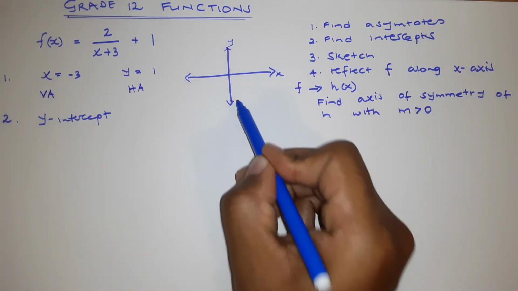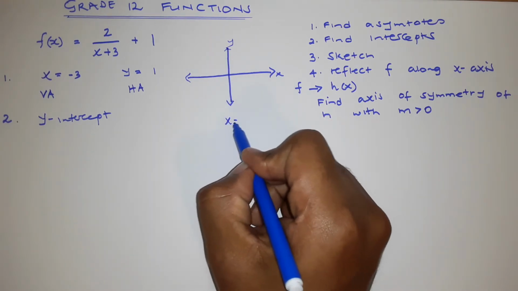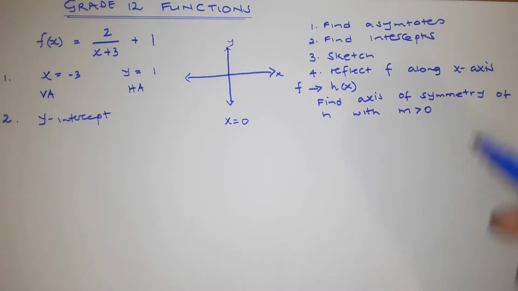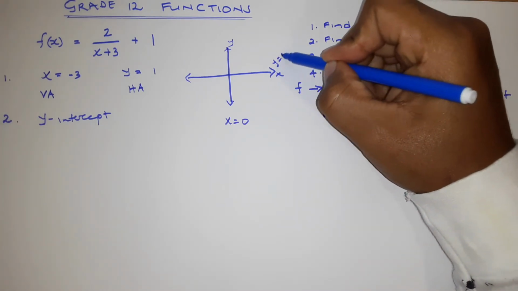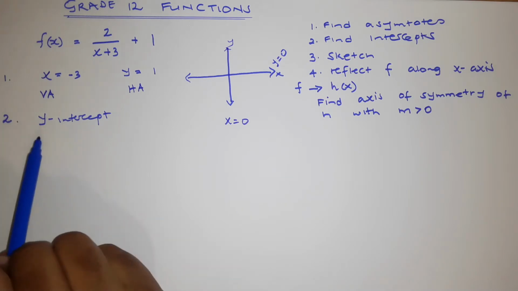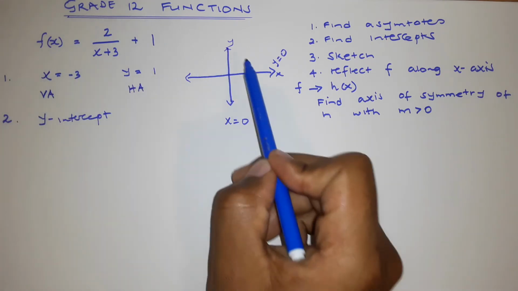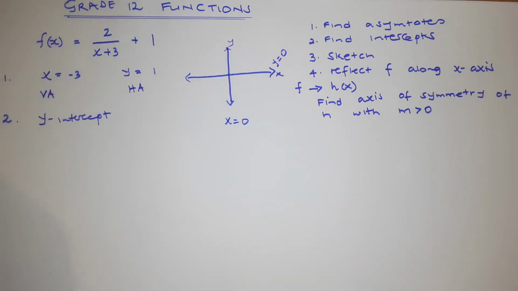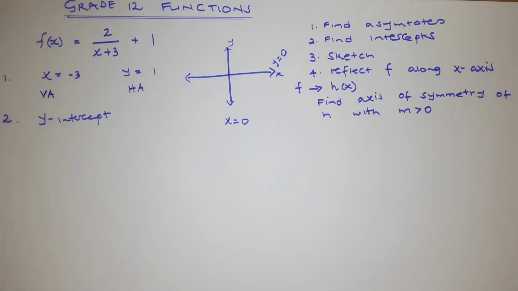The equation of the y-axis is x is equal to 0, and the equation of the x-axis is y is equal to 0. So at the y-axis, x is equal to 0.